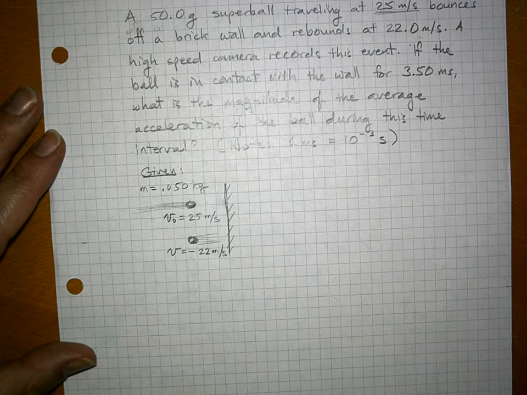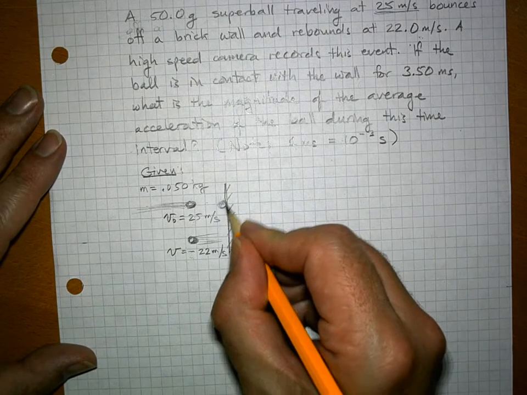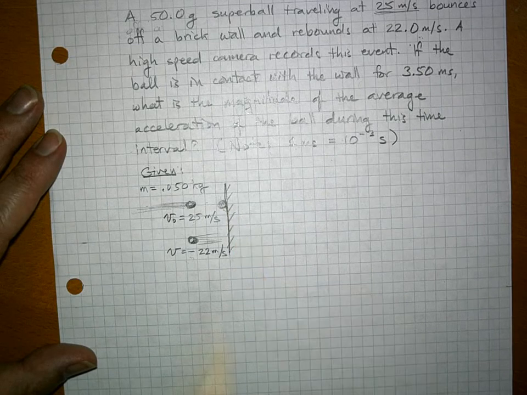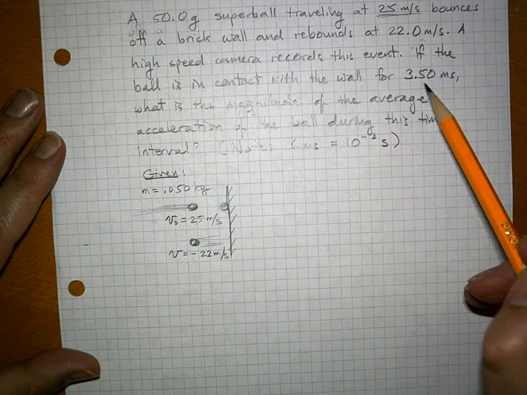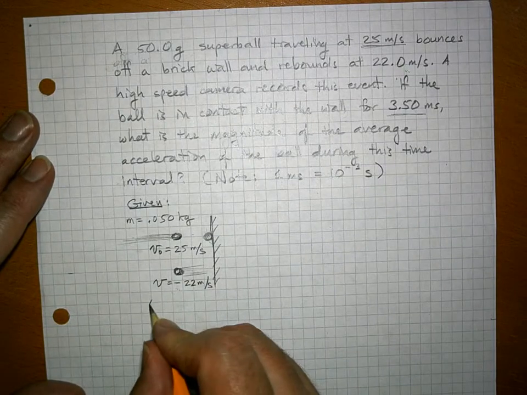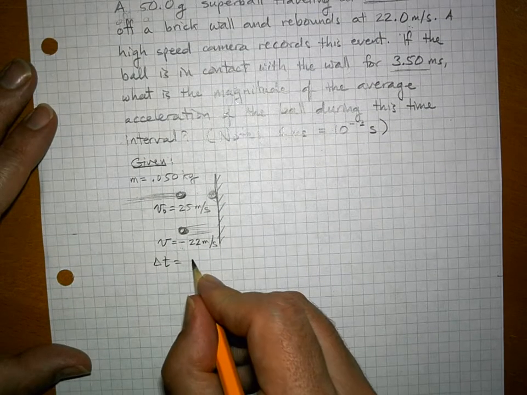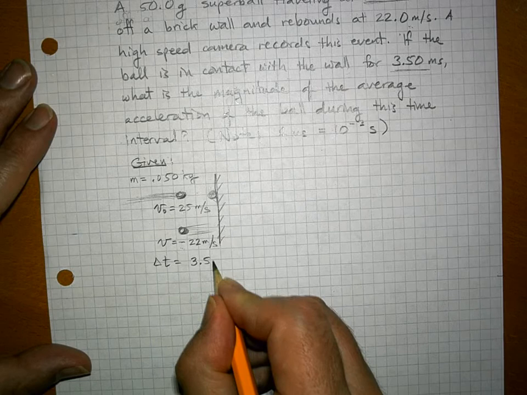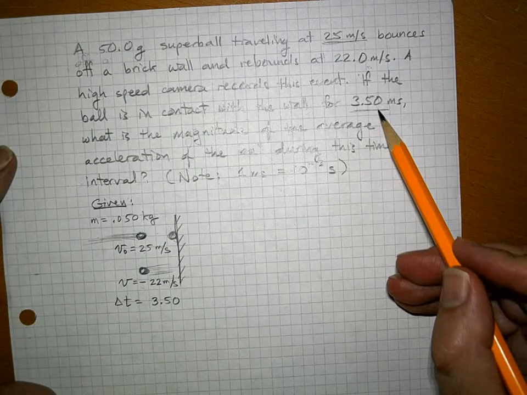Okay? And now let's show the ball right here. This is while it's in contact with the wall. And it says that it's in contact with the wall for 3.5 milliseconds. So I'm just going to say that delta t is equal to 3.50 milliseconds.